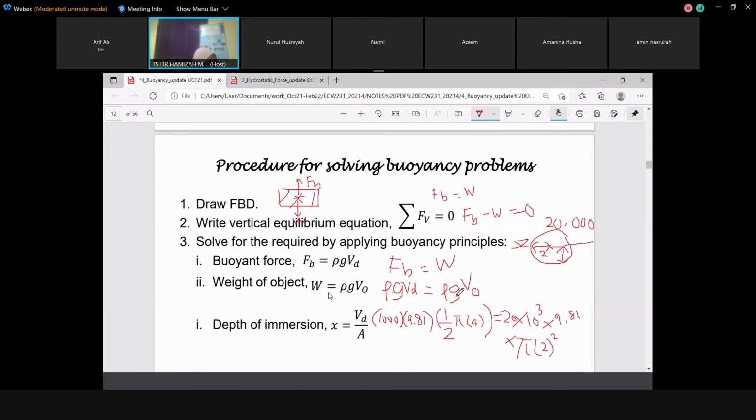Pi d squared is the area. Maybe we can multiply by the length. The width is the same too. Maybe the width is 4. Here you multiply by 4. Okay, because this is only the area. This total times 4. Okay, later when you go through the question, maybe you can understand this more.